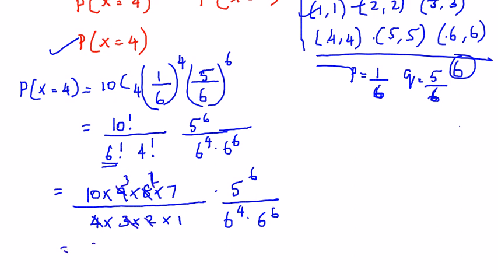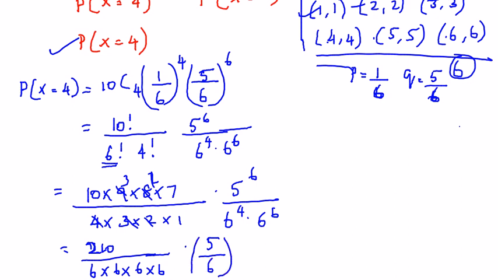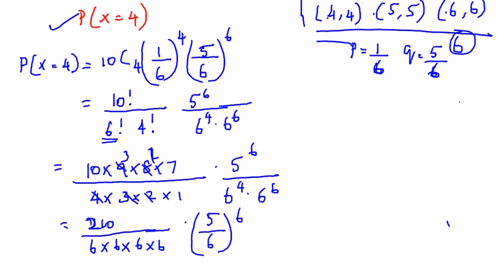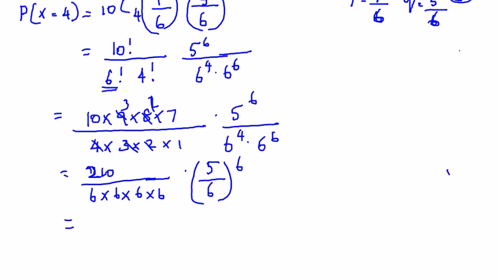So now I can conveniently cancel off these, right? So I'll get 210 divided by, I'm going to expand this 6 over here, right, into (5/6)^6. Okay, now let's see if I can cancel more here. They are both divisible by 3, so this will be 70 and this would again be 35.